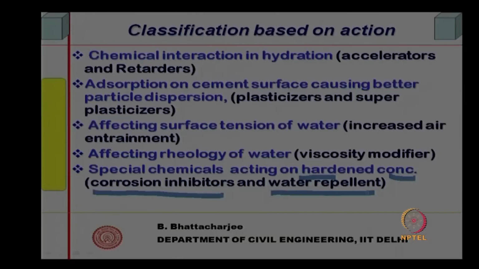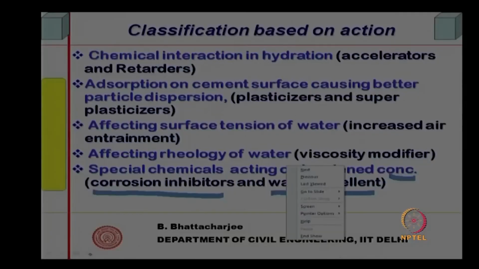Accelerator and retarder interact during the hydration process. Plasticizer and superplasticizer get adsorbed onto the surface of the particle and cause particle dispersion. Air entraining agent modifies the surface tension properties of the water. Viscosity modifier will modify the viscosity of the water, so it changes the rheological properties.